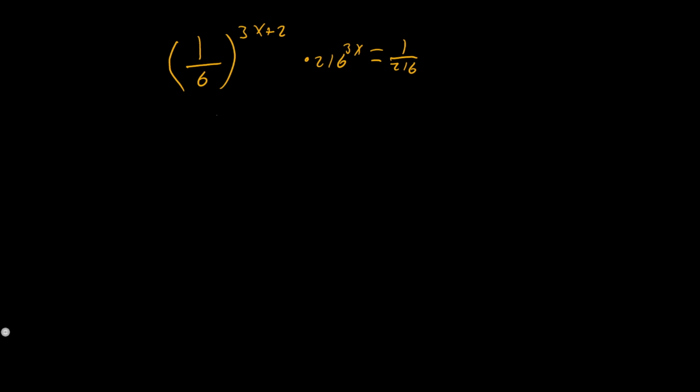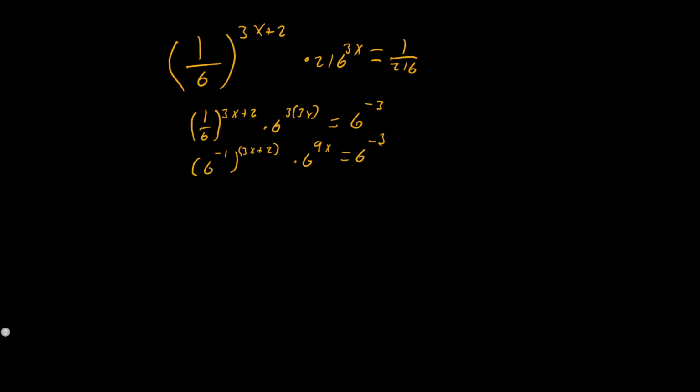So we have 1 over 6 to the power of 3x plus 2 times 6 cubed to the power of 3x, and that is equal to 6 to the power of negative 3. And we can also rewrite 1 over 6 as 6 to the power of negative 1 times 3x plus 2 times 6 to the power of 9x is equal to 6 to the power of negative 3.